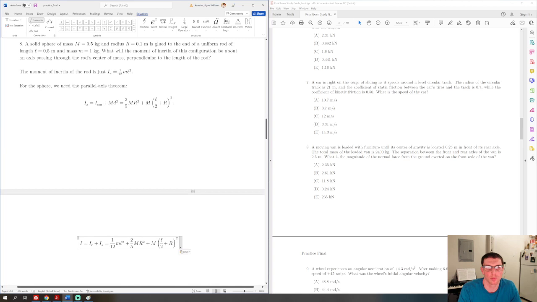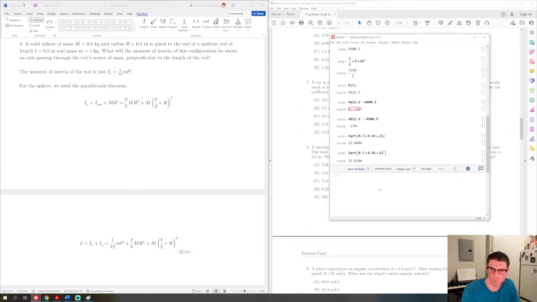Let's see. I'll try to get a number for this really quickly. So 1/12 times 1 times 0.5 squared plus 2/5 times 0.5 times 0.1 squared plus 0.5 times quantity 0.5 over 2 plus 0.1, squared.